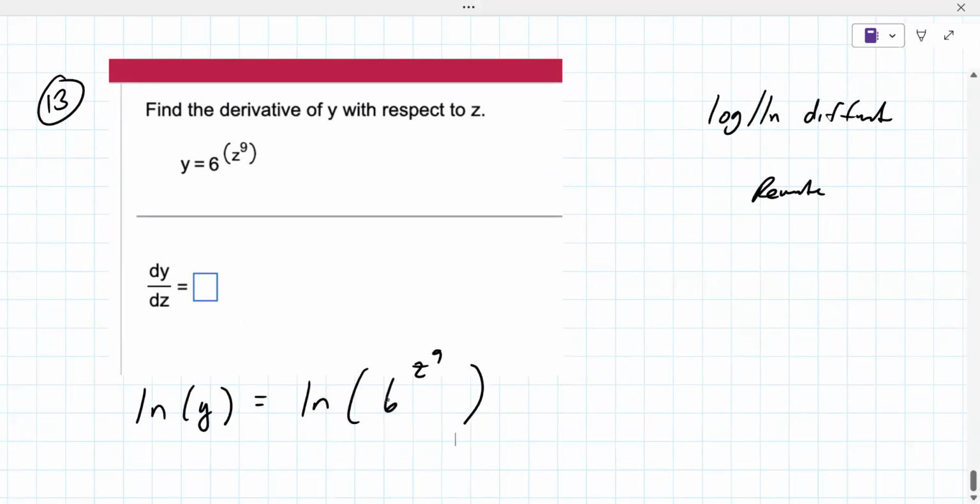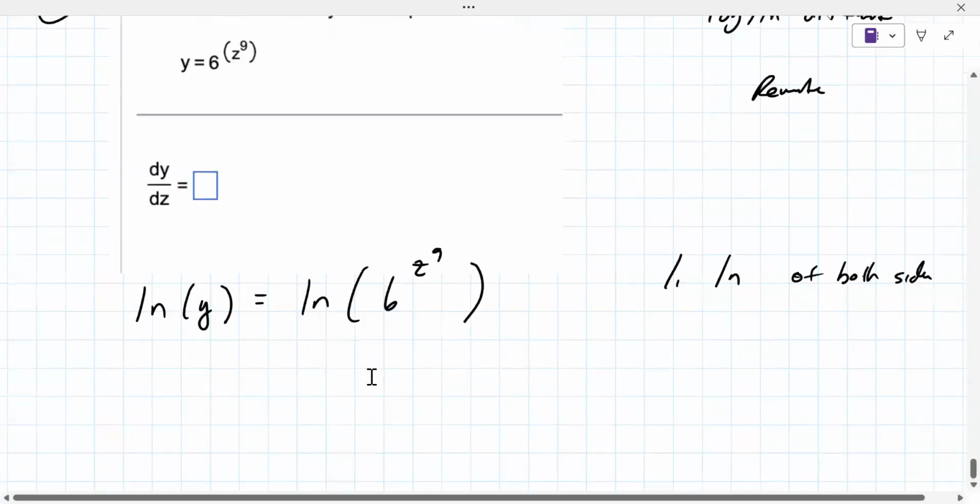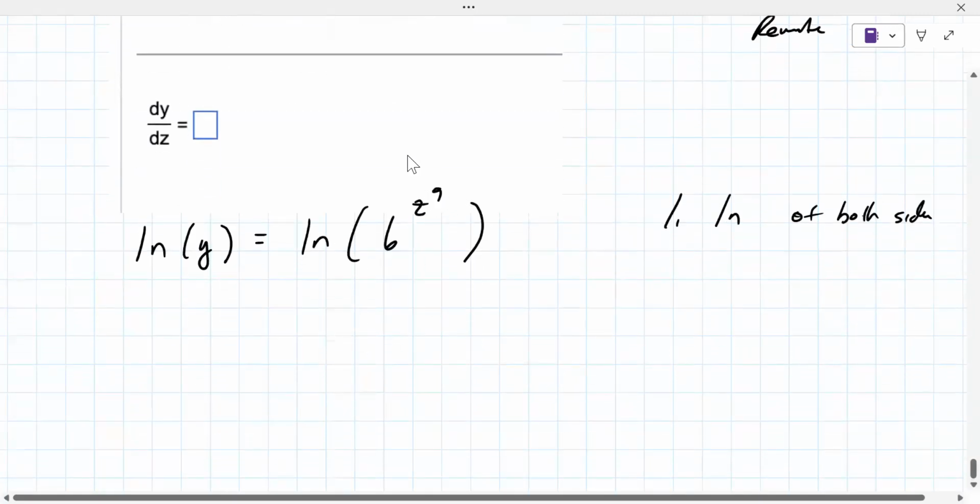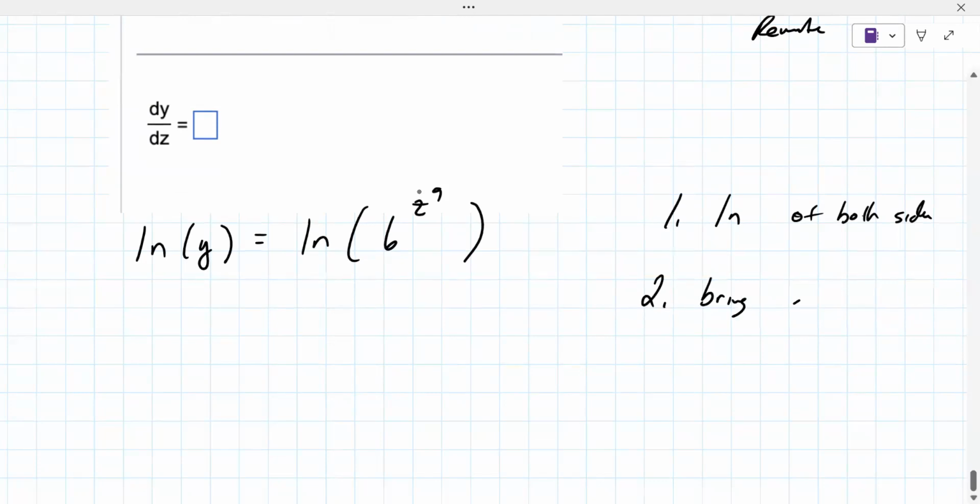Okay, that's kind of step one. ln of both sides. Then you bring the exponent down in front. Always bring the exponent down, which in this case is a function. So it's like the z to the 9th times the natural log of 6.